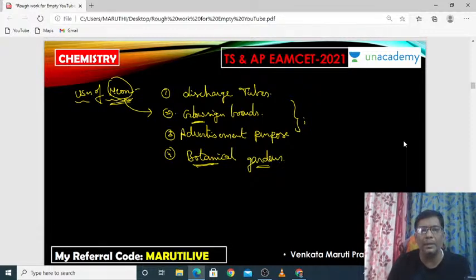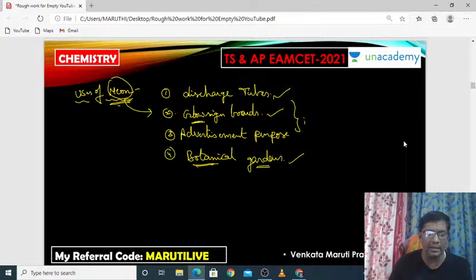That lights are completely filled with these neon gases. So like that, in the discharge tubes and as well as in the advertisement purpose like glow sign boards and in the botanical gardens, these neon gas will be very helpful to fill all the bulbs. That is the main advantage of these neon gases.